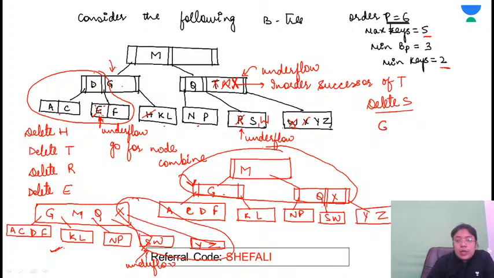So the resultant tree will be G, M and Q. And on the left of G, whatever is there, there is no change.